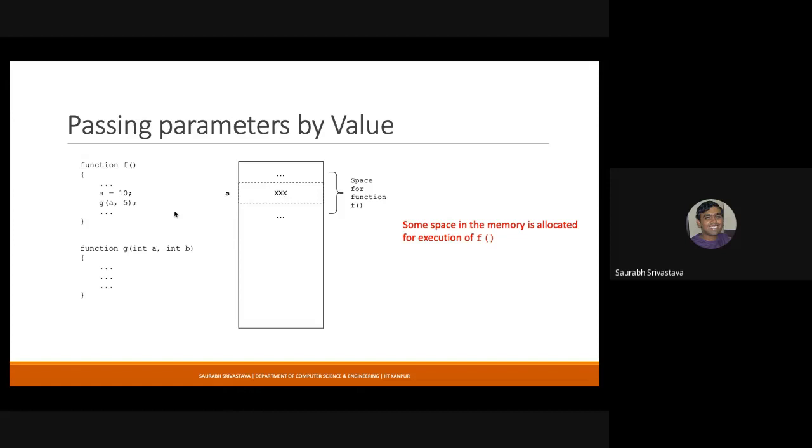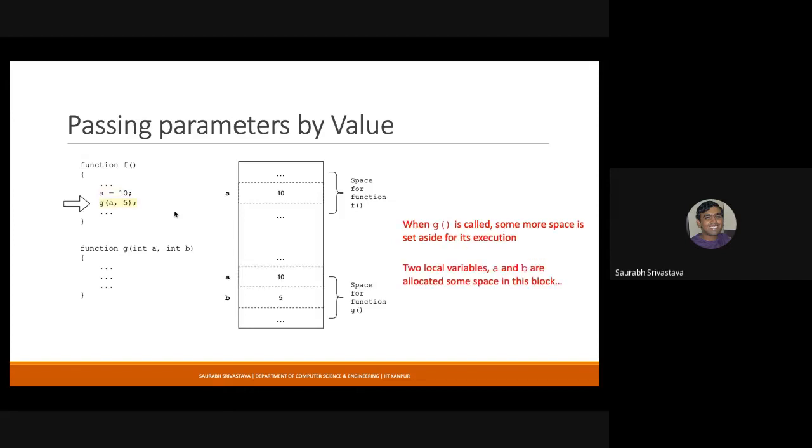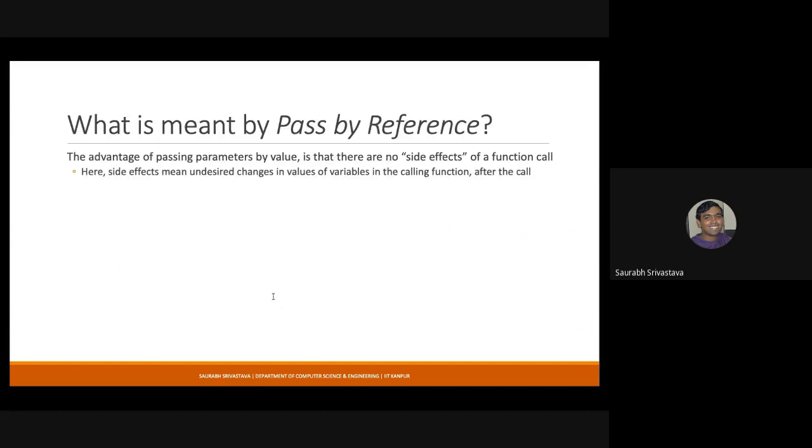So this is the space for function x. Here a is equal to 10, and when you call g(a, 5), there is another variable a here, which is basically a different variable than this, and this 10 gets copied here, and this 5 gets copied into b. So this is the idea of passing by value.